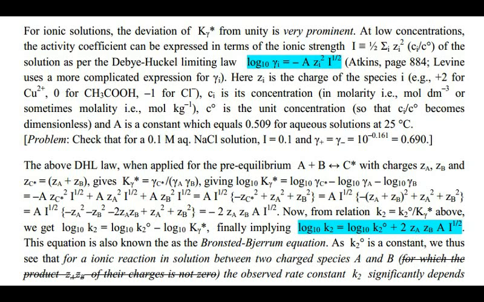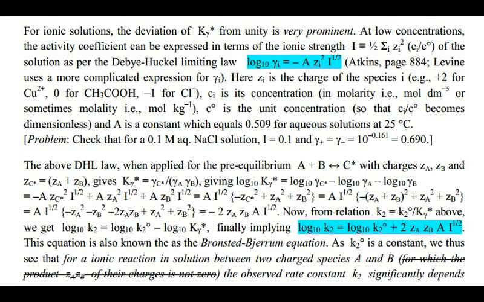We put the Debye-Hückel limiting law, minus A Zi square root of I. It's quite symmetrical, minus A Zi square and square root of I. So in this relation we apply the condition that Z of C star is equal to ZA plus ZB. If we do that, then we get the famous relation of ZA plus ZB whole square.